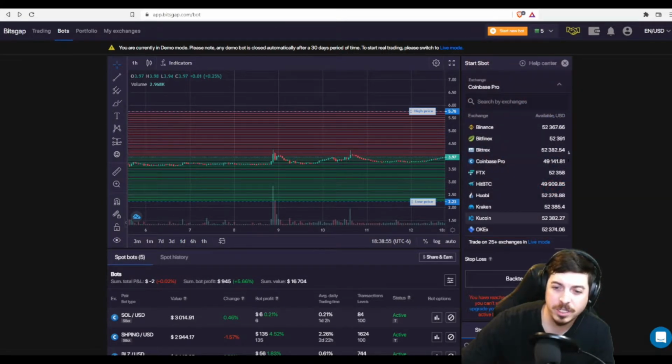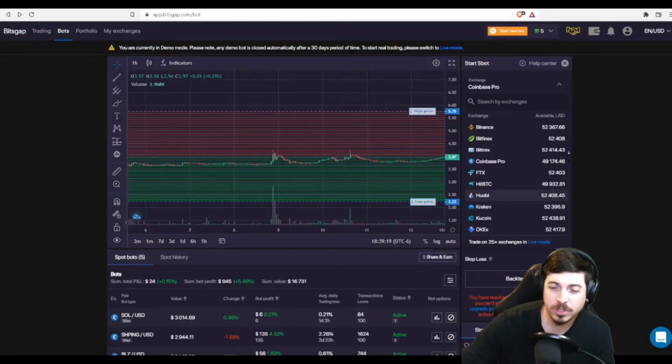These are the options it gives me. This may change in the future, but for now, they allow you to play for free with the Binance Network, Bitfinex, Bittrex, Coinbase Pro, FTX, HitBTC, Huobi, I think is how you say that one, Kraken, KuCoin, and OKX.